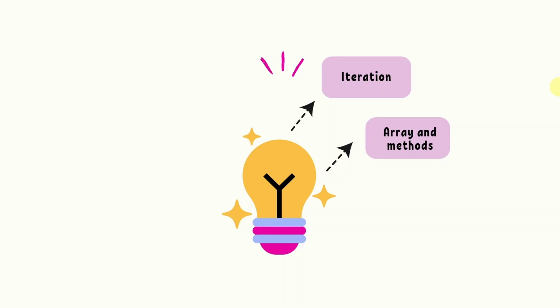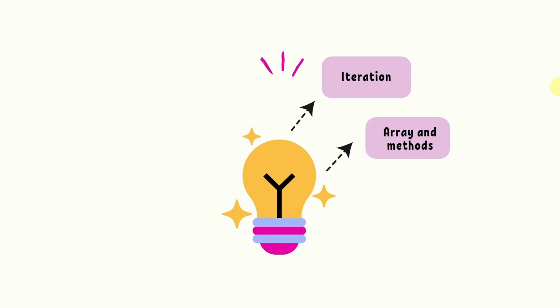Arrays are very, very important, because if you want to store multiple data inside one variable, we can use arrays and their methods. If you want to add or remove some data from the array, we can use push, pop, shift, unshift methods. And there are also multiple other array methods.